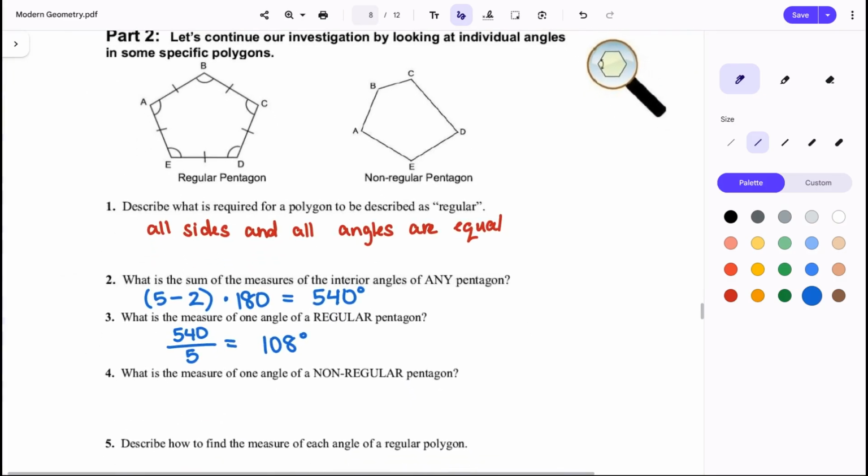Okay. They're asking, what's the measure of one angle of that non-regular polygon? Would you be able to figure that out? No, we don't have any information about that. So we really can't answer number 4. I'm just going to say we can't do this. We need more info.